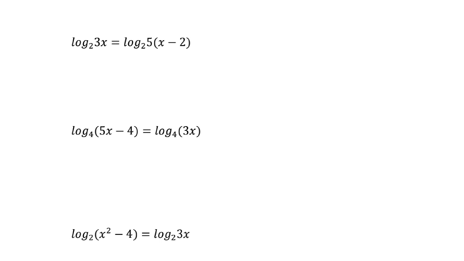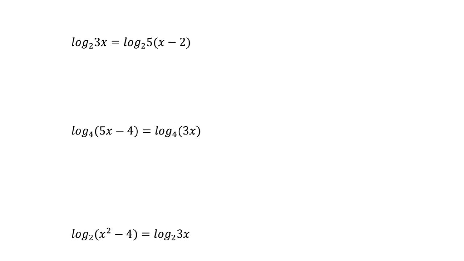So we end up with 3x equals, I'm going to go ahead and distribute this, 5x minus 2. If I subtract my 5x, I get negative 2x equals 2, divided by negative 2, and x equals negative 1.